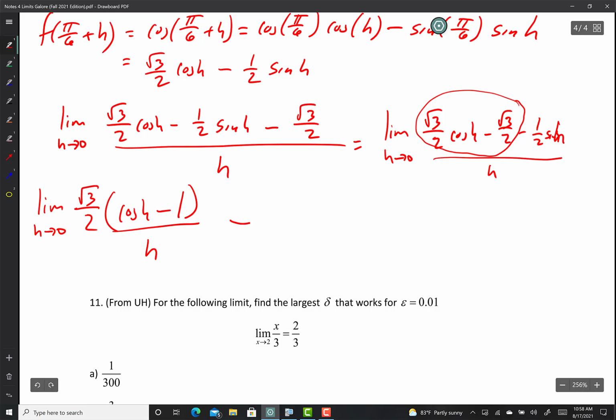I'm just using my limit properties so that I can separate them like this. Can I do that? Okay, you guys don't like it, so I won't. All right, giant parenthesis right here.